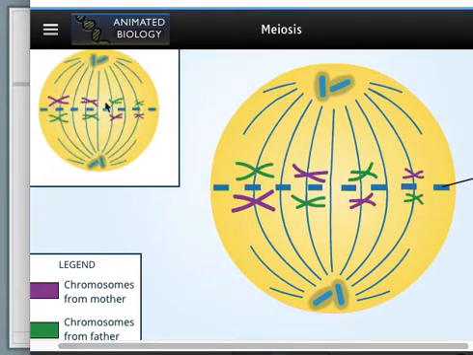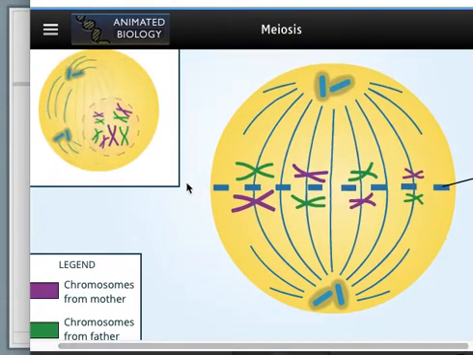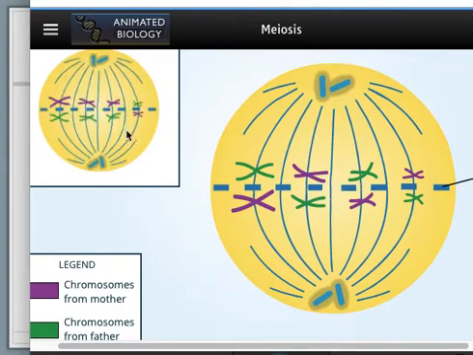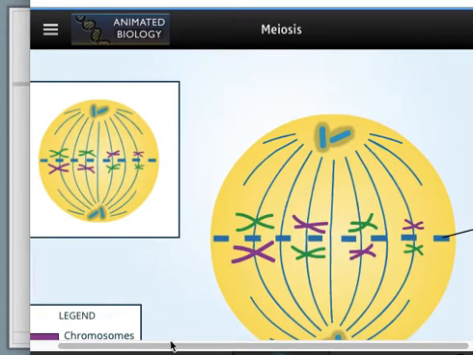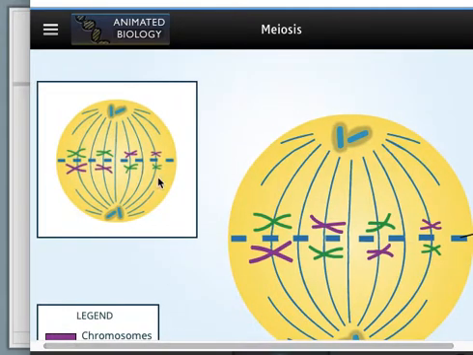These are all the different options of what could happen in this next phase being shown up here. I'll play it again so you can see. But the way these chromosomes line up at the equator would never be the same. The chances of it being the same every time or ever is extremely small.